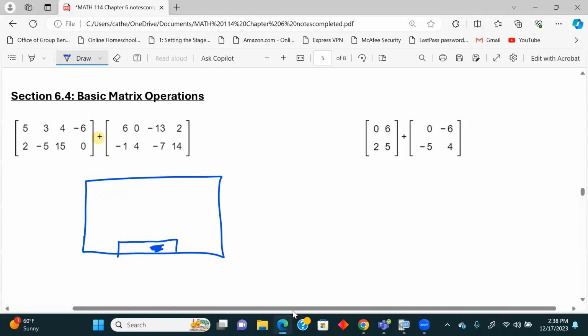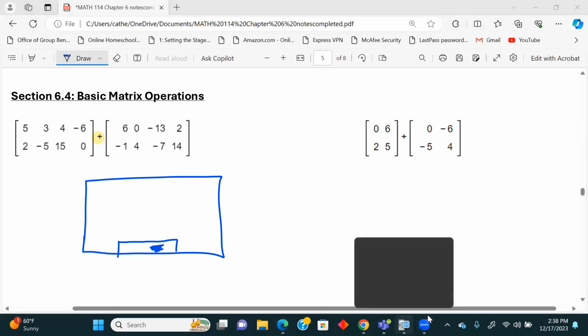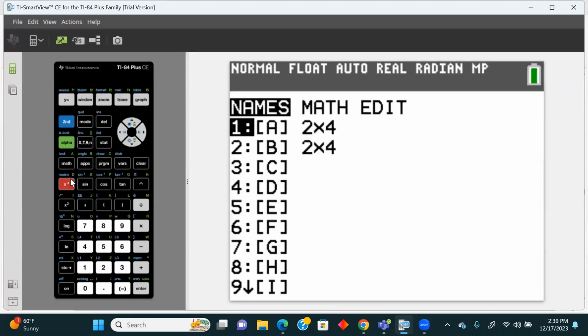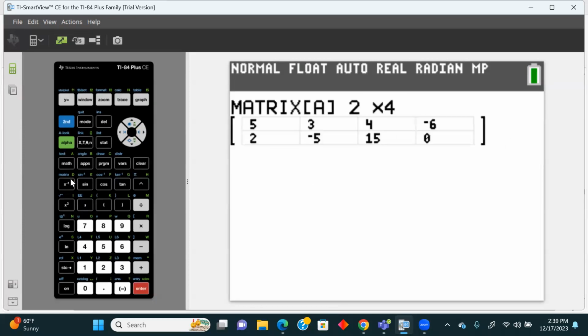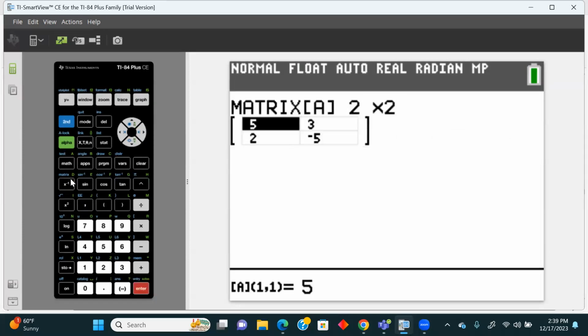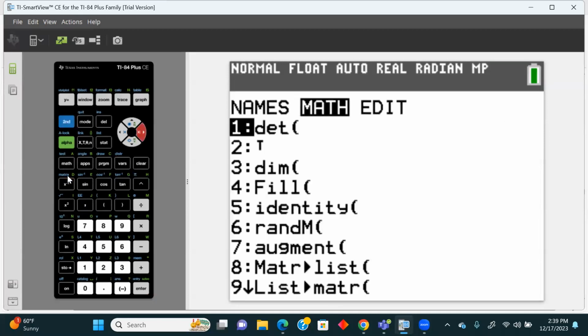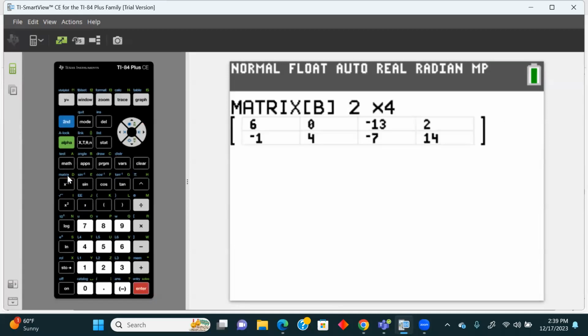So here we have another set on the right. So let's see if we can add those together. Since I'm starting a new problem, I'm just going to use A and B again. And this one is a 2 by 2. Use B for the second one, which is also a 2 by 2.